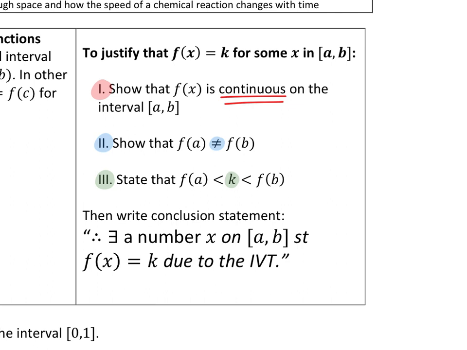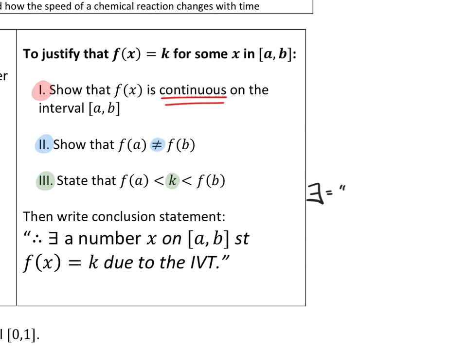Mathematicians are lazy. We've made up symbols for almost everything. The backwards E, if you want to write that down, stands for the phrase, let me scoot over, there exists. So we know the 3 dots is therefore.